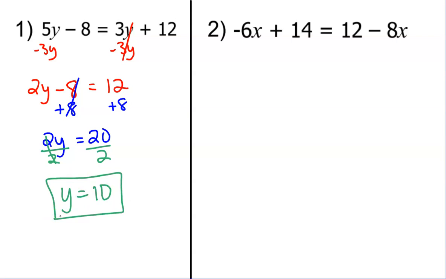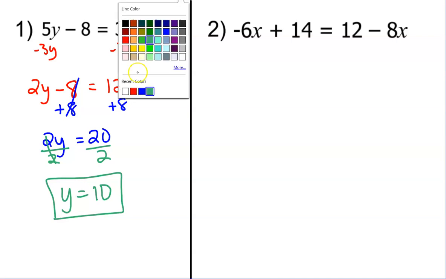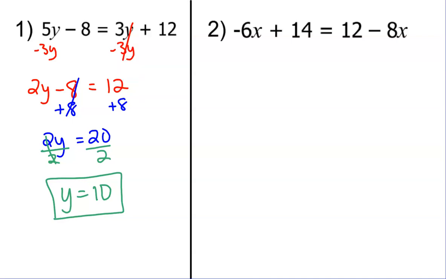All right, number 2. Again, step 1, step 2 is already done. I'm going to move on to step 3, which is to move my variables over. I am going to add my 8x to this side because right now it's being subtracted. So to move it over, I have to do the opposite, so I'm going to add 8x onto the other side. So it's gone from the right, but now on the left, negative 6 plus 8x gives me 2x.